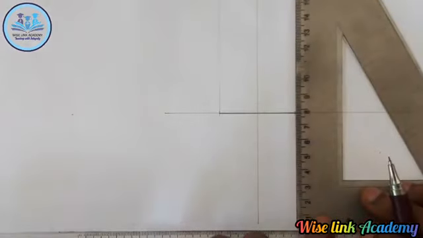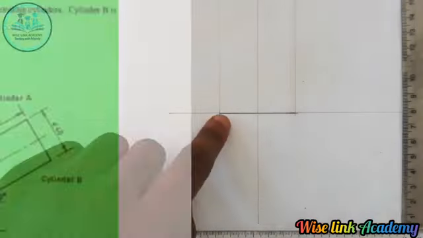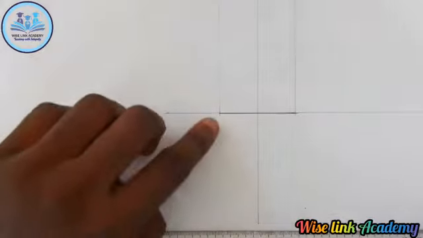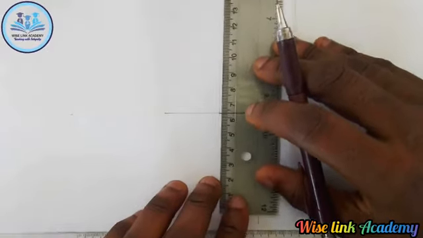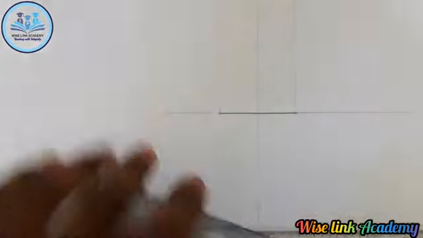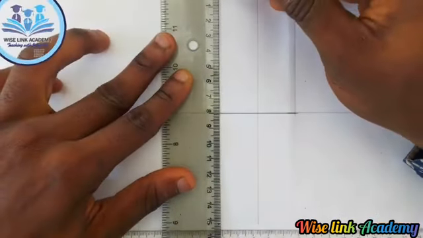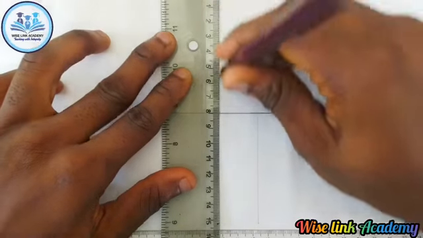Now the height of the cylinder is 80, so that is from here to somewhere here is 80. So let's measure 80. From here to here is my 80. As you can see, it is thickened.